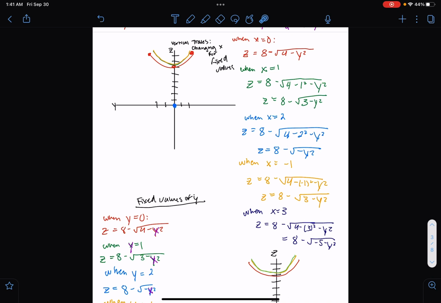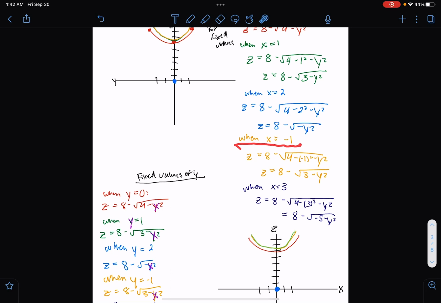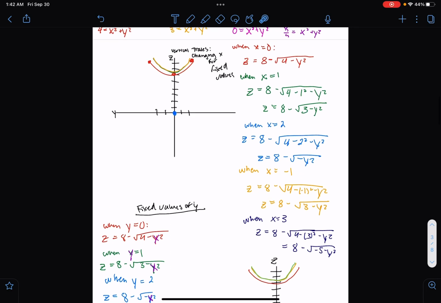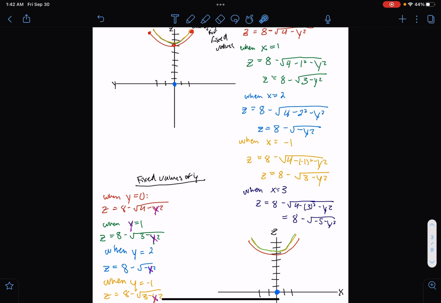When x equals 2, there's only one value, because you can only take the square root of negative y squared when y equals 0. When x equals negative 1, we squared that, so it ended up looking exactly like when x equals 1. And when x equals 3, we got another function that doesn't work out.